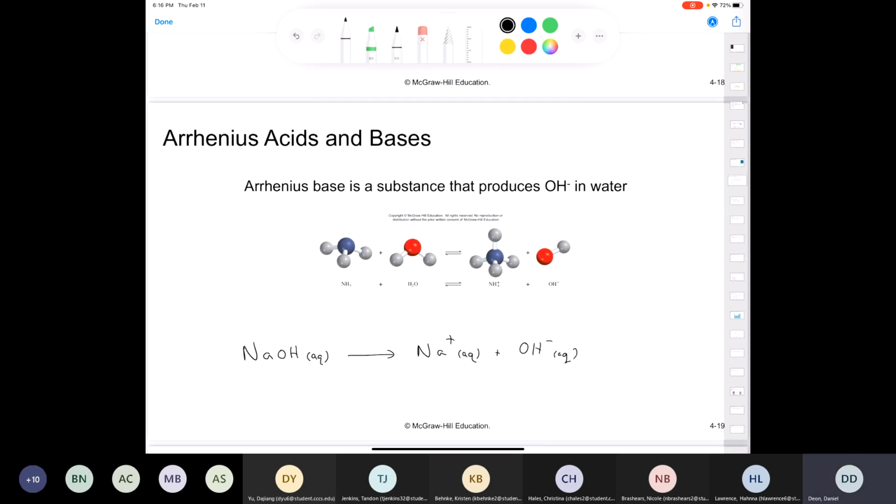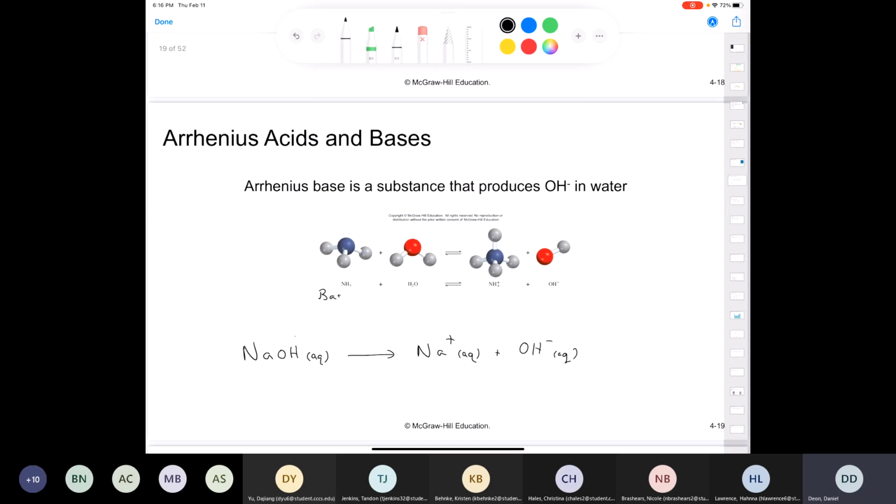But the problem with this definition with a molecule like ammonia is that ammonia doesn't have a hydroxide in it, right? It's just NH3. But the reason that ammonia can be considered an Arrhenius base is because it produces hydroxide when it's put in water. How?